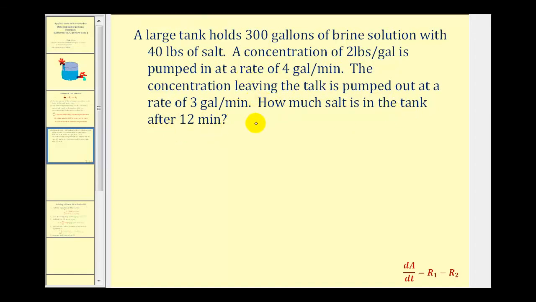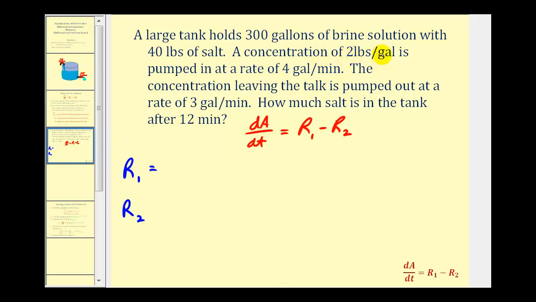So we're going to start with our differential equation dA/dt equals r sub 1 minus r sub 2. And we'll start by finding r sub 1 and r sub 2, where again r sub 1 is the rate at which A of t is entering the tank, and r sub 2 is the rate at which A of t is leaving the tank. Well, r sub 1 is pretty straightforward.